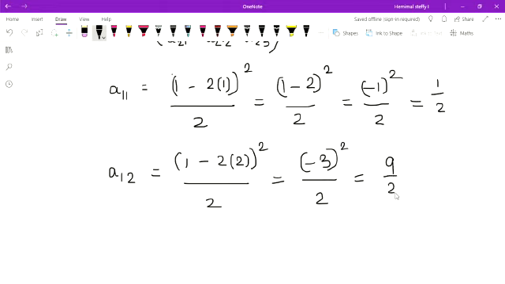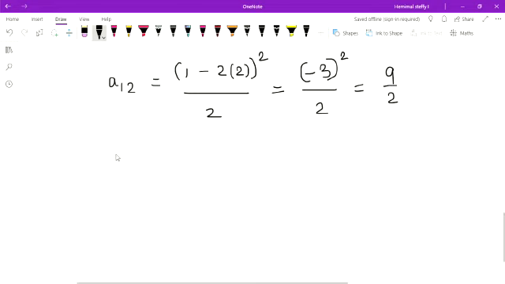Then the third one, A13. So i is equal to 1, j is equal to 3, (1 minus 2j) whole square divided by 2.